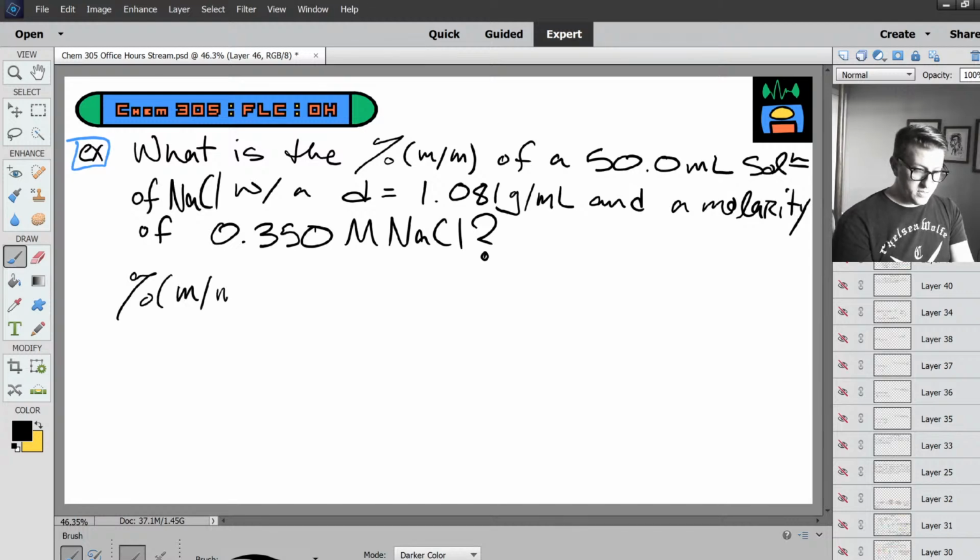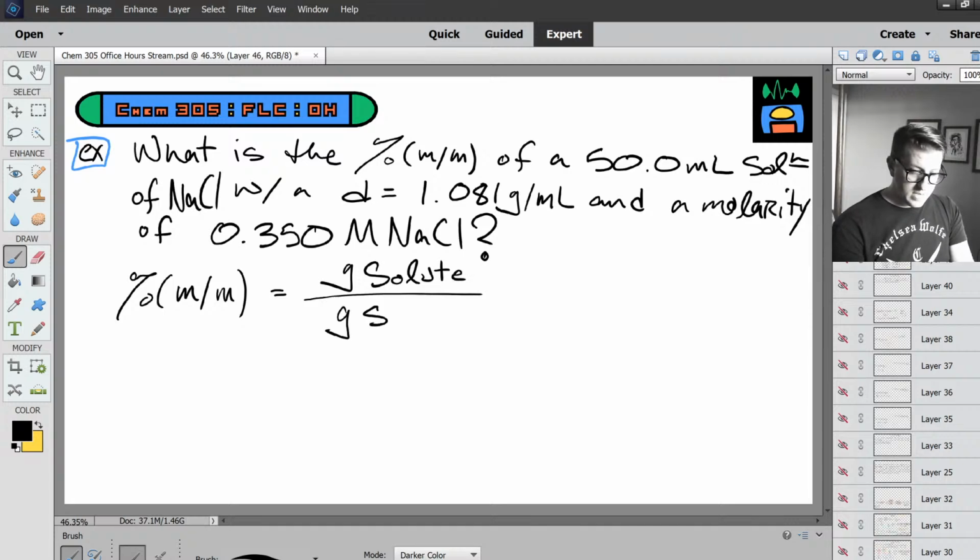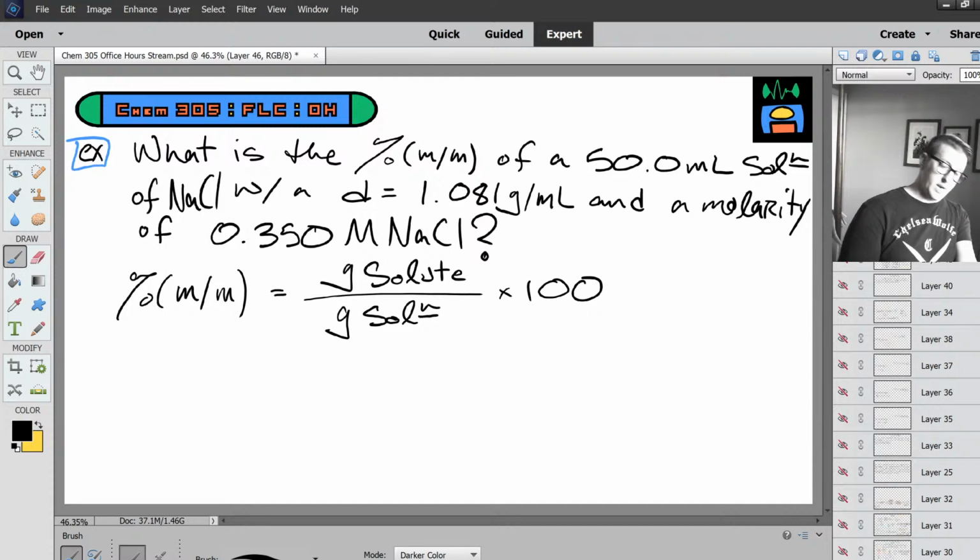We need to know the percent mass, which are going to be grams of solute over grams of solution times 100. All right, that is what we got to find.